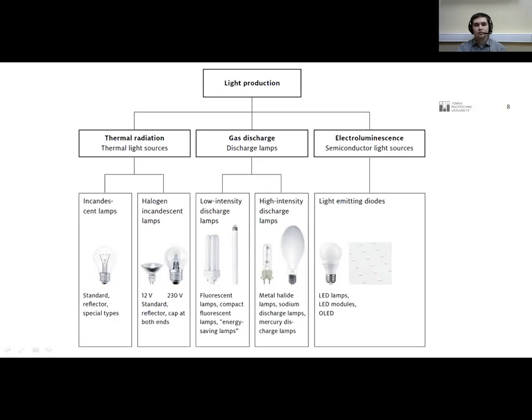The first two are known as legacy technologies, and the third is considered a modern technology. The most relevant types of lamp in horticulture are incandescent, low pressure sodium, high pressure discharge lamp, and light emitting diodes.